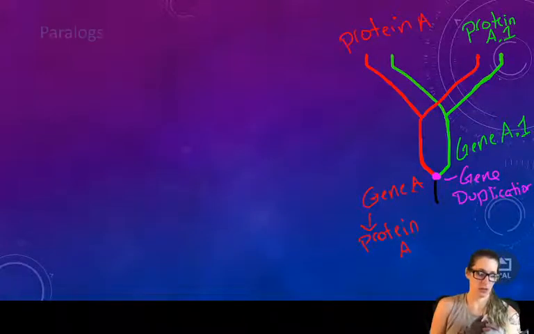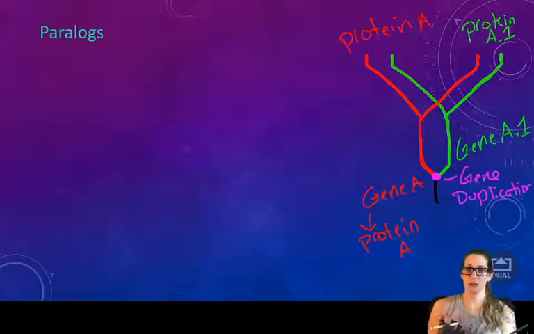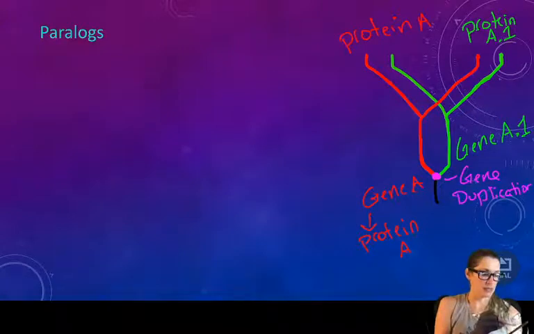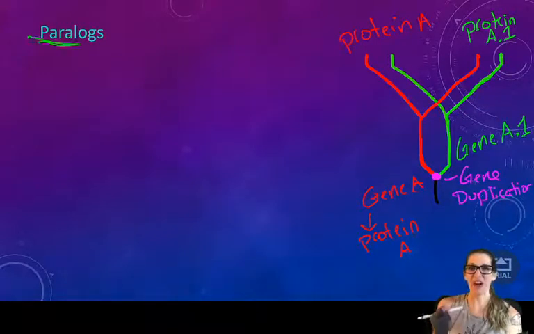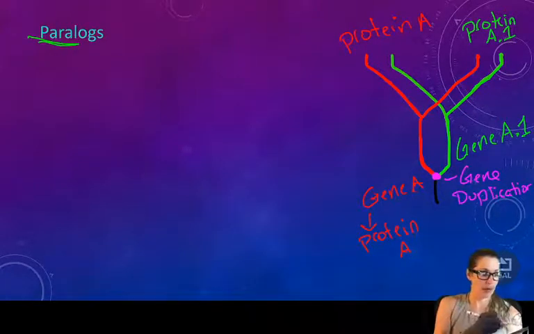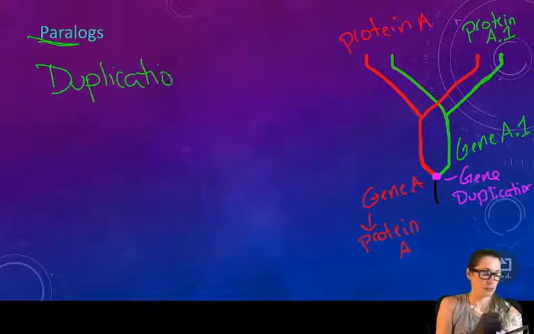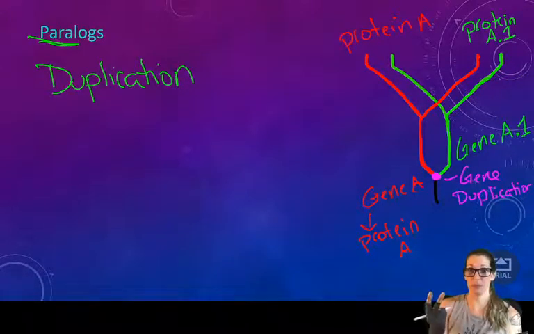These are paralogs. And the way that I remember this is there's a pair of genes. Paralogs start with a duplication event. There's a pair of them.